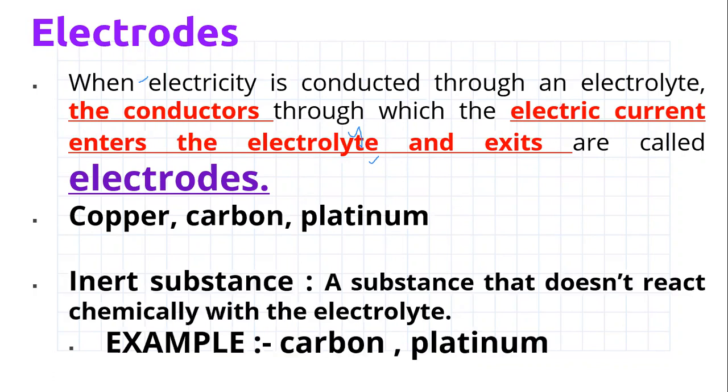But what is an inert substance? A substance that doesn't react chemically with the electrolyte is called an inert substance. For example, carbon and platinum. In all experiments, usually we use carbon because it doesn't react chemically with the electrolyte we used.